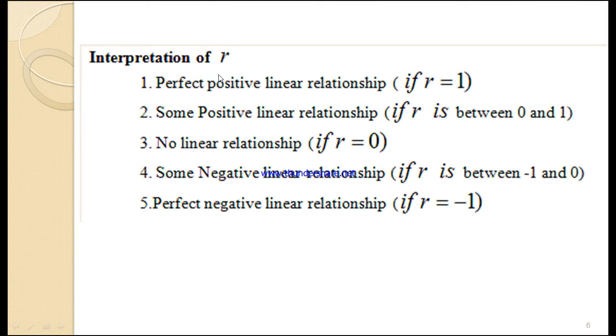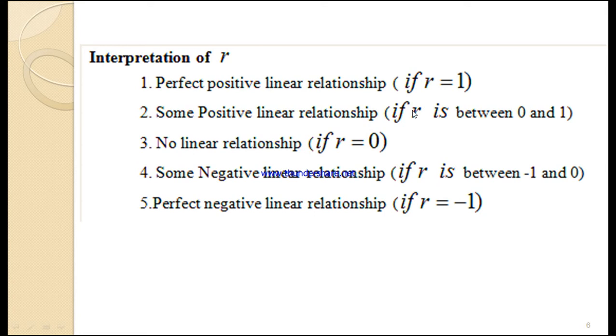R results may be interpreted as a perfect positive relationship if R is 1, so that if at the end of our calculation we obtained a result of 1, that implies the correlation between the two variables is perfectly positive.